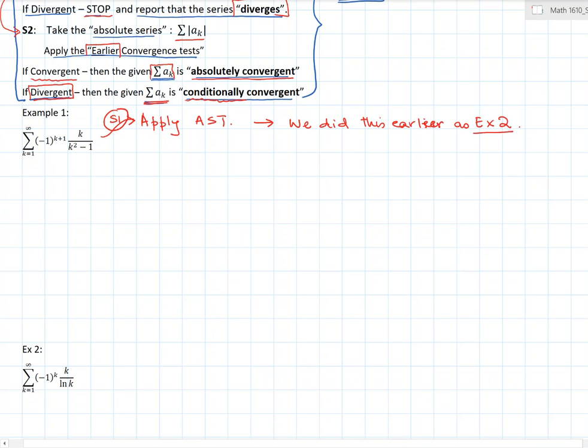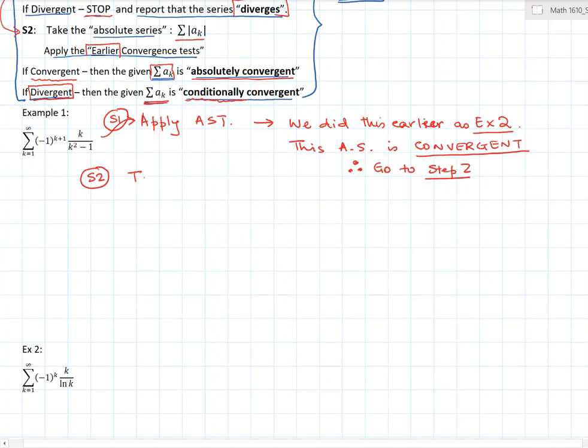You can go back and check on it, and we found that this alternating series is convergent. If you go back a few pages, you will find it. So therefore, since it's convergent, we will go to step 2.